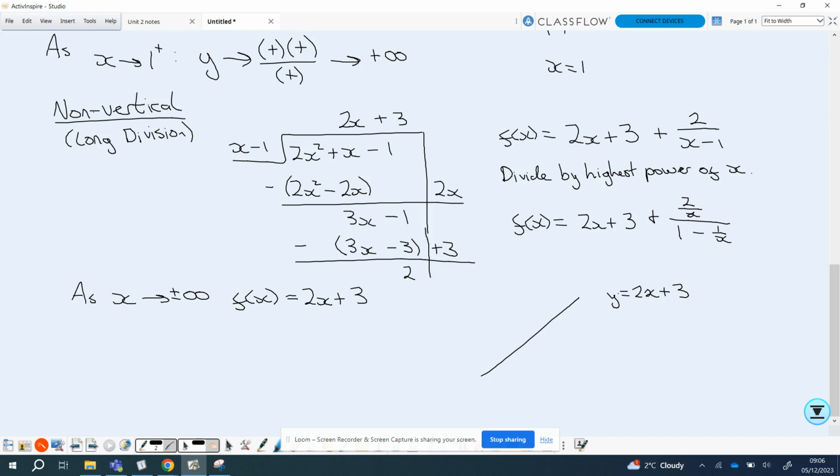We've found that there. What we want to know is what happens on the left-hand side and the right-hand side. So let's start off with negative infinity. As x goes to negative infinity, I'm subbing negative infinity into my function, and we know the fraction basically is 0. We just want to know the sign of everything here, because it's going to stay at 2x plus 3.